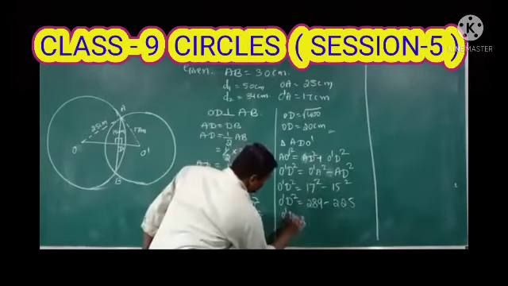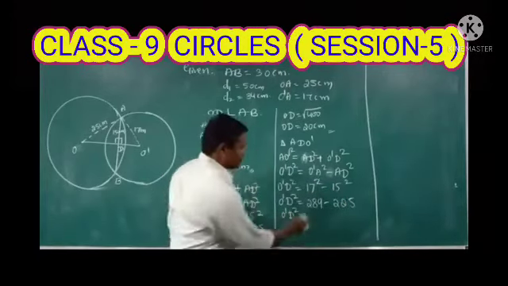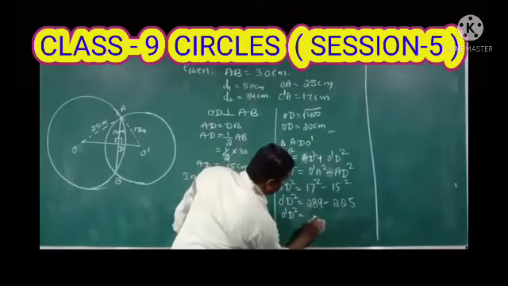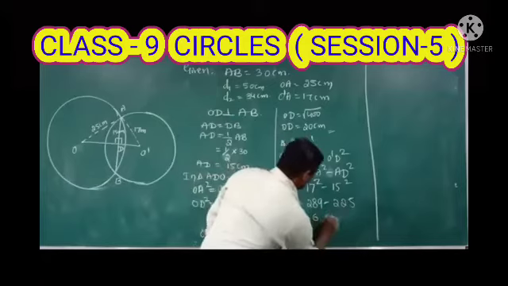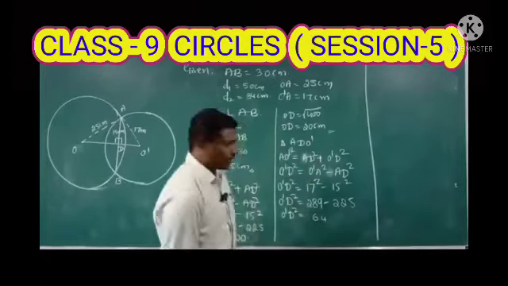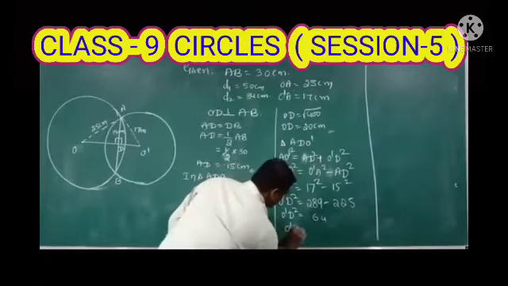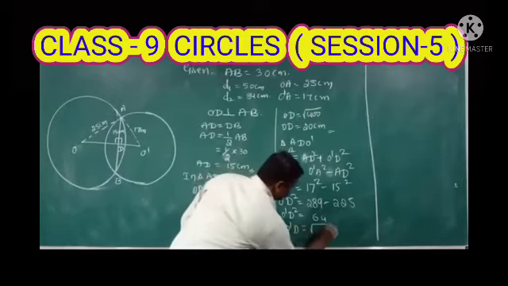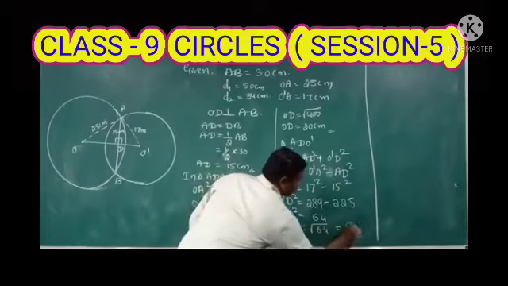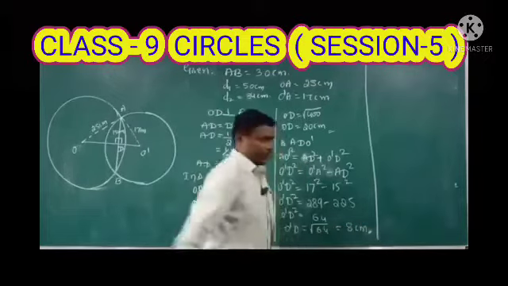By subtracting these two, we are getting 64, right? So O dash D is equal to root of 64, that is nothing but 8 centimeter.